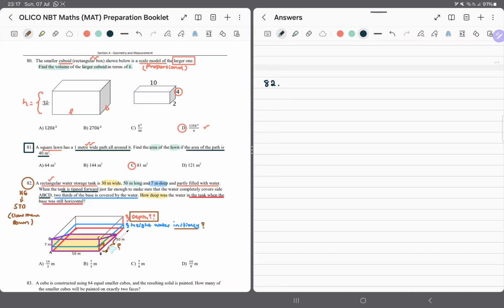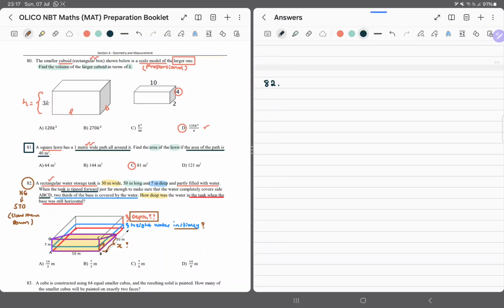Okay, guys. So let's start by finding this dimension right here. I don't know what we're going to call it. Perhaps let's give it a name. Let's call it X. And we want to work it out. Now, this one is easy because we've got everything.